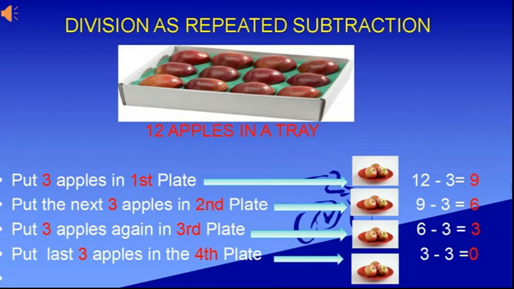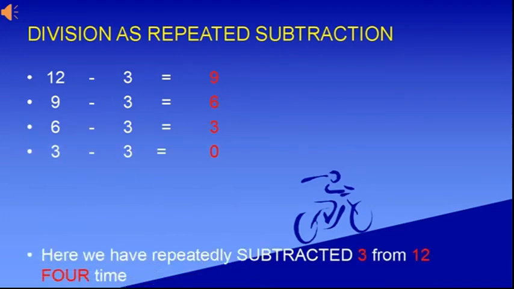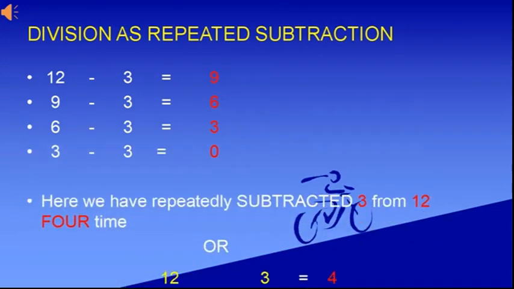So children, did you see how I kept on subtracting the apples until I had no more apples left? So here we have repeatedly subtracted 3 from 12, 4 times.